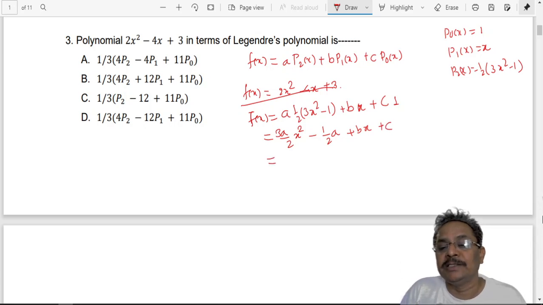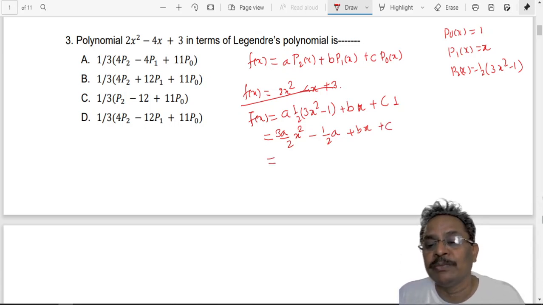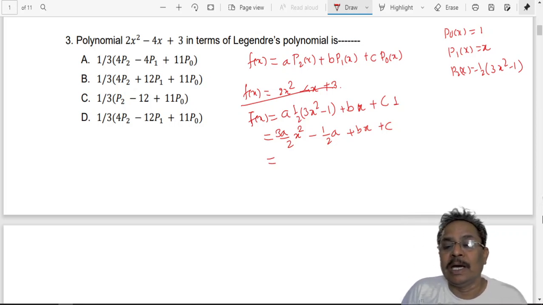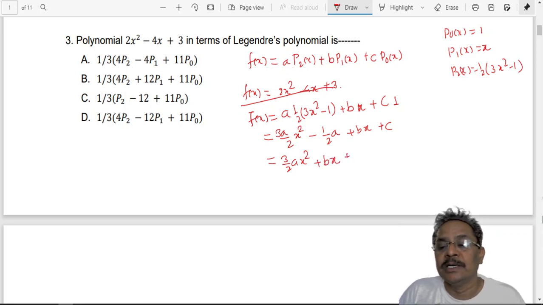Here if I adjust this again, I have to get x square, that is x raised to 2, x raised to 1, x raised to 0. So this way I'll get 3 by 2 times a into x square, plus b, this is the second term, that is bx, and plus c minus 1/2 times a, this is the constant. So here this is my equation, I can call this equation 2.